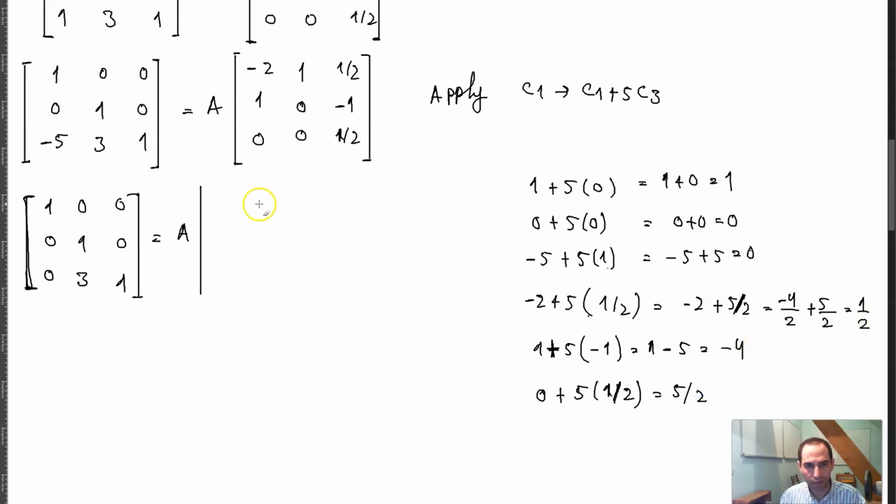So you have 1 half, negative 4, and 5 halves. 1, 0, 0. 1 half, negative 1, 1 half.